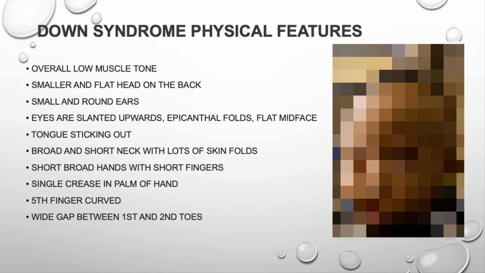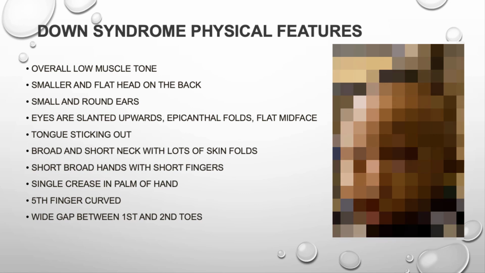There's absolutely nothing wrong in their appearance. They have some issues that makes us suspicious of this condition, because there may be some differences in the way the face looks, and typically the muscle tone is a bit more poor.